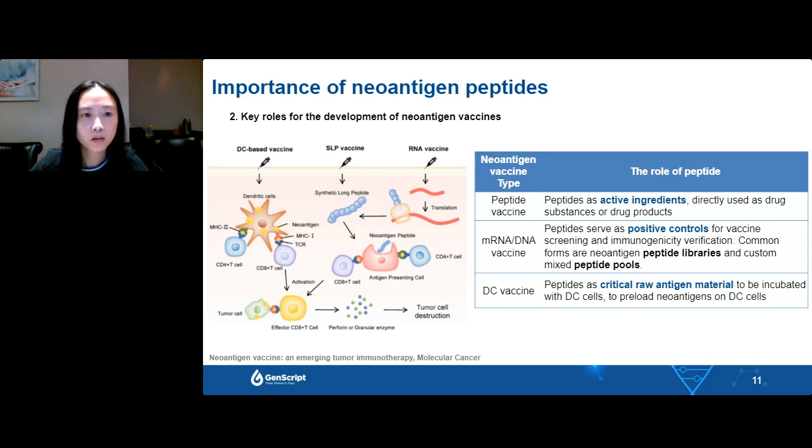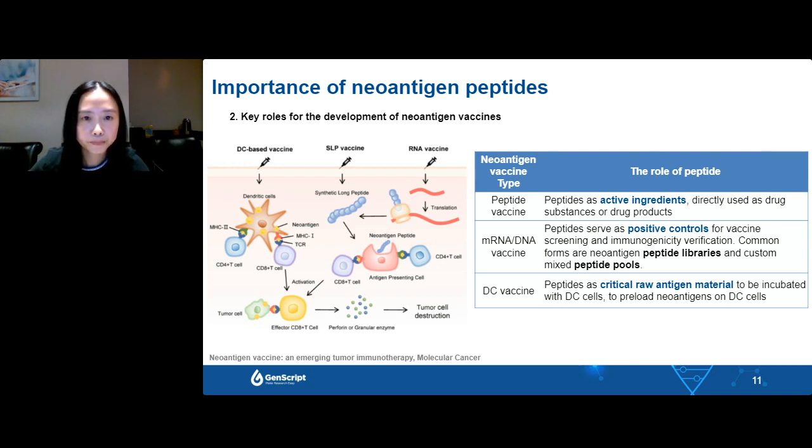Okay, we had talked about one of the reasons why new antigen peptides are important. Another reason why it's important is because the new antigen peptides play a key role in the development of new antigen vaccines. So, like I mentioned previously, the typical vaccine types are listed here: DC-based vaccine, synthetic long peptide vaccines, and RNA vaccines.